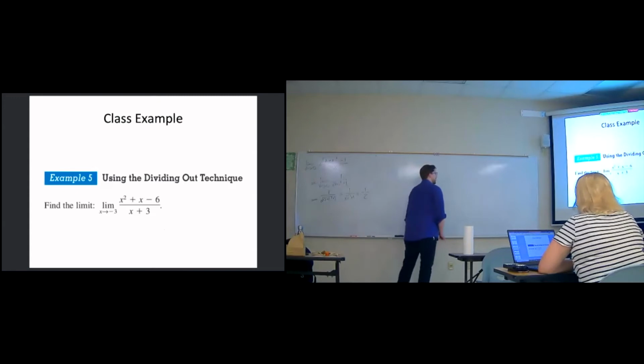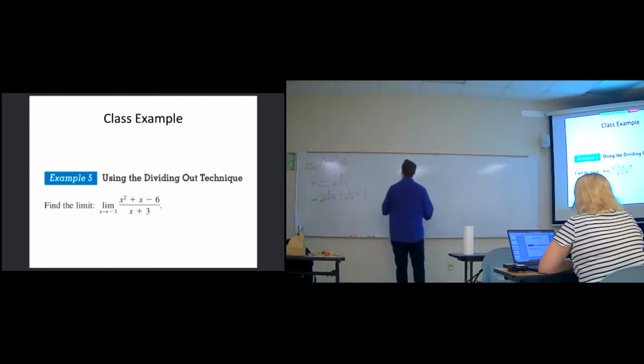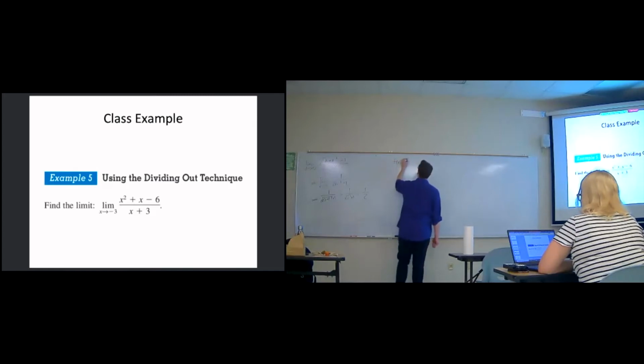We've got our function f of x is equal to x squared plus x minus 6 over x plus 3.